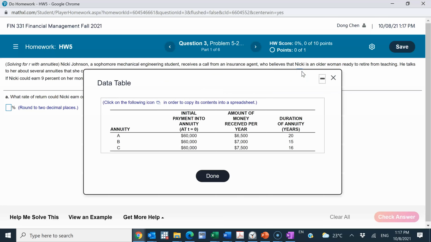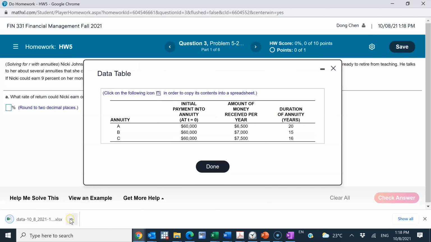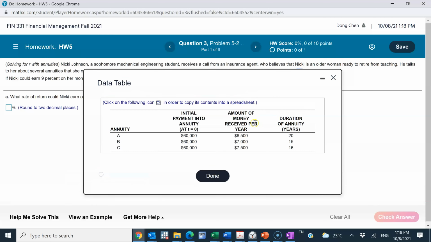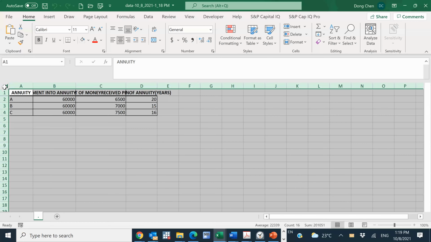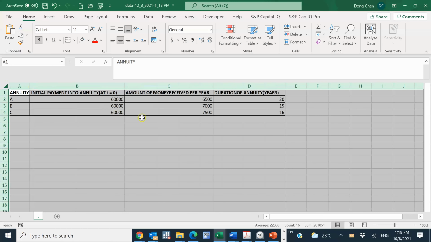So if we click on this, first, as we said, we can just copy this and open this in Excel, and then we can see that each of the annuities here has a data table with information.